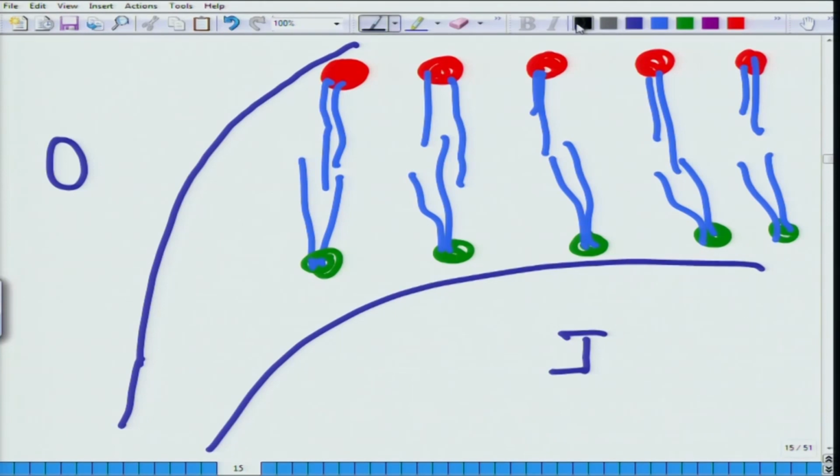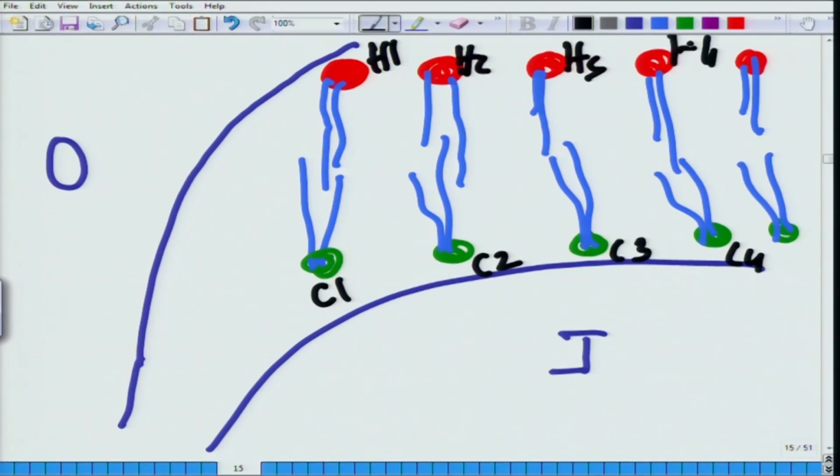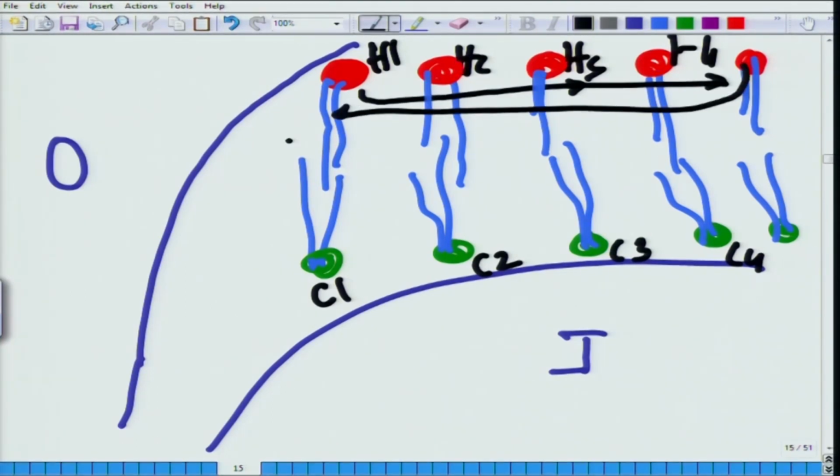Now let me give them some numbers. This polar head group I number as C1, C2, C3, C4, and I name these H1, H2, H3, H4. Okay. Now be careful, H1 can move to where H5 or H4 is. Same way H4 can move here. There will be lateral movement like this.